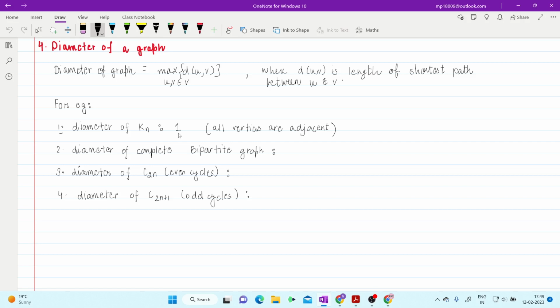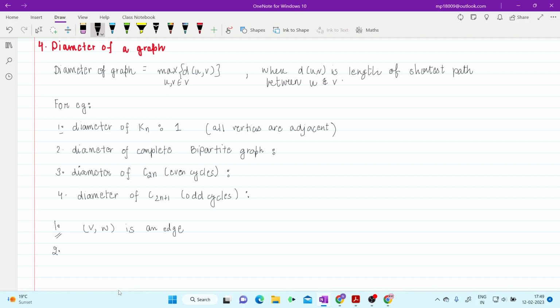In a complete graph, if we pick any two vertices v and w, vw will be an edge. So the length of the shortest path between any two vertices is 1, and the maximum of all such lengths is also 1. So the diameter of Kn comes out to be 1.